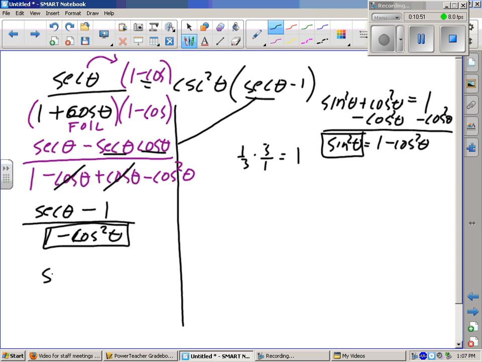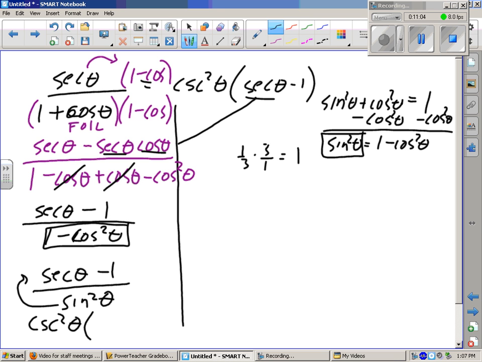So I have secant theta minus 1 over sine squared. Sine squared is a reciprocal of cosecant squared, so I could bring this up and turn it into the cosecant since it's the reciprocal. And lo and behold, we now have what we started with. So that's a tough one, especially if you don't realize that it's a conjugate. Okay, so you have to see those three things that make it a conjugate.